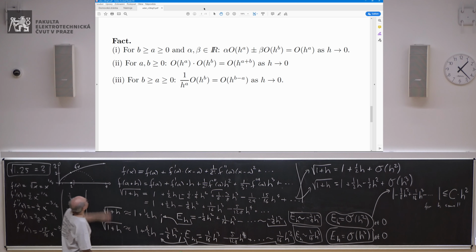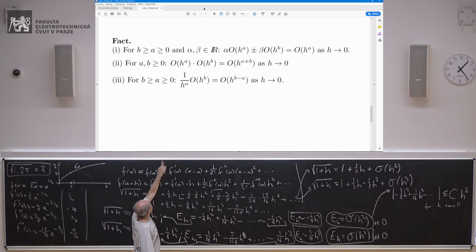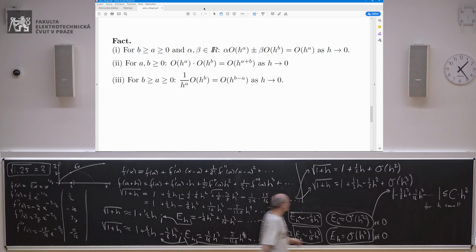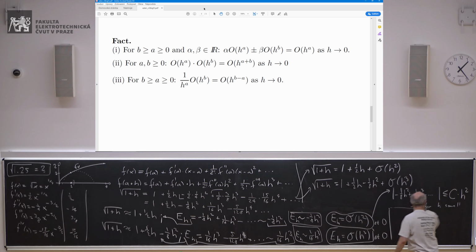Okay? What happens when two O expressions get multiplied? Well, again, that's simple. I imagine two polynomials. I multiply them so all the powers are added up in different ways. Well, let's have a look at an example. Let's say that O h squared meets, by multiplication, O h to the 4.